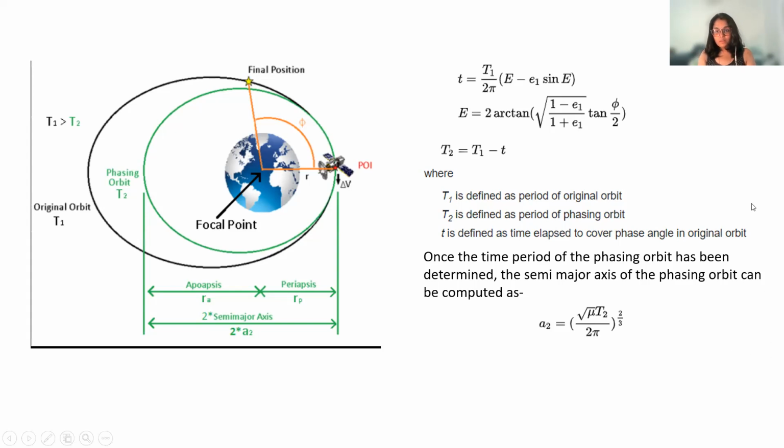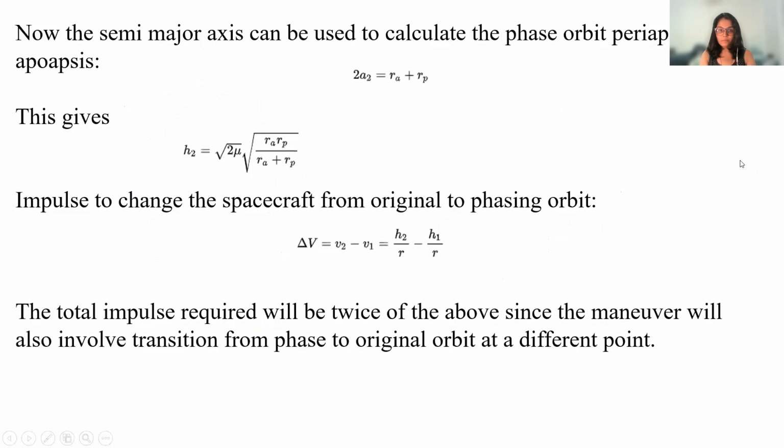Once we have all the variables of the orbit computed, we can simply follow the procedure of the Hoffman transfer and compute the impulse required to make this maneuver happen. So as shown over here, the delta V is the impulse required to change the trajectory of the spacecraft from the original to the phasing orbit.